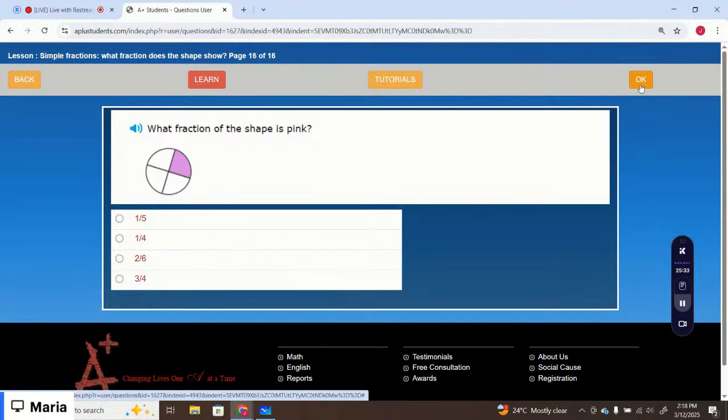What fraction of the shape is pink? That is 1 out of 4. Option number 2 is the correct option, and we are done with the lesson. Let's just move on to the next lesson.